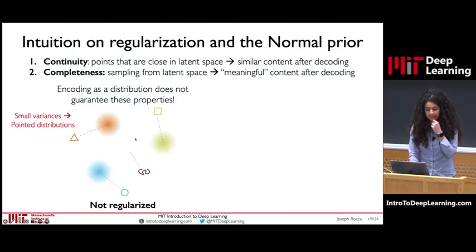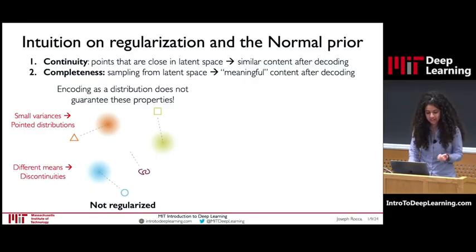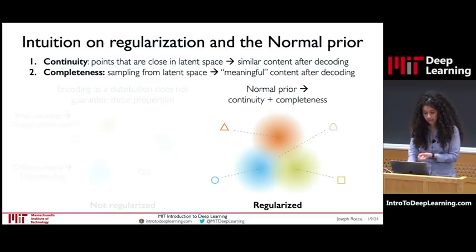So again, illustrating visually, if we get very pointed distributions from not regularizing, having a small variance and different means, this could lead to discontinuities that we don't want.